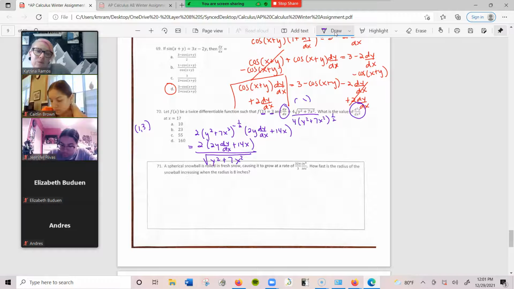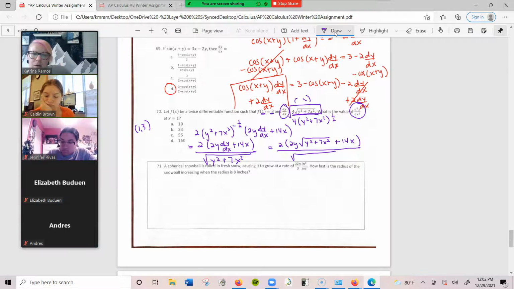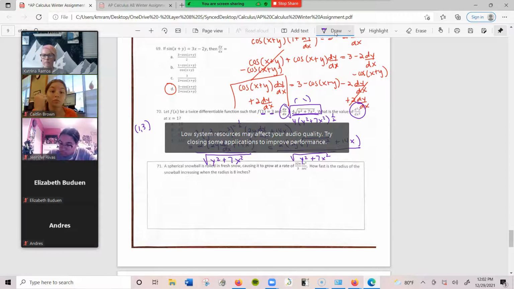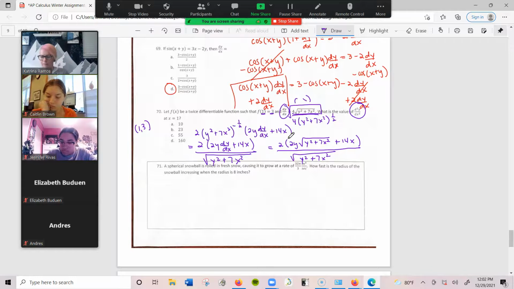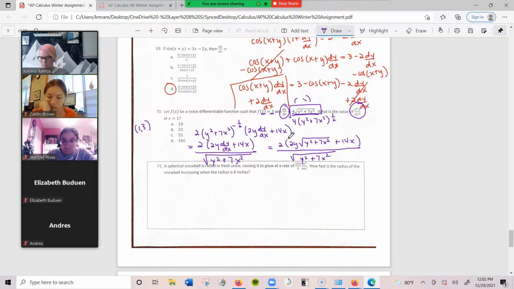And the only other thing I'm going to do is plug in dy dx, which is this, because remember that dy dx was given to us. So we get 2 times 2y square root of y squared plus 7x squared plus 14x, all over the square root of y squared plus 7x squared.